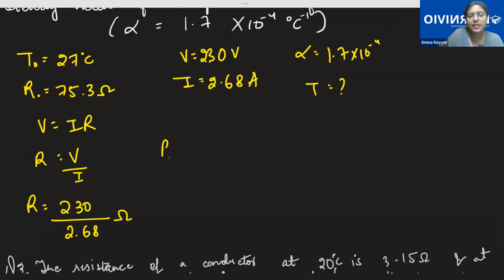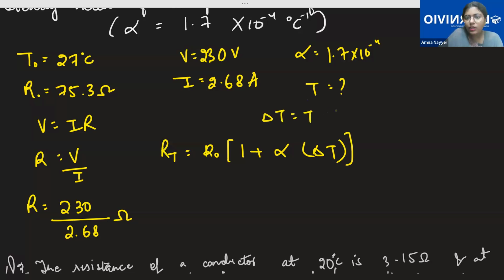Only one is missing. See, this resistance at this temperature, RT is equal to R naught into 1 plus alpha delta T. You can use delta T simply instead of writing T minus T naught at all. But here in this question you will have to write it because T is missing. Your delta T will be equal to T minus T naught. Now you put all the values.